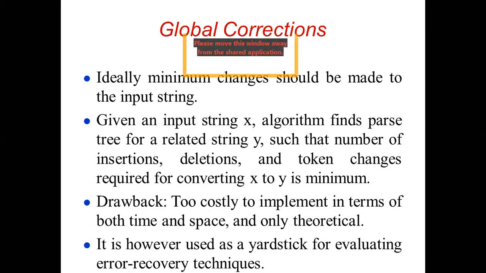So global correction, what is that? Ideally, minimum changes should be made to the input string. First we have to take care whenever we write our program, because the program ultimately will be broken into several strings. Given an input string X, the algorithm finds a parse tree for a related string Y such that the number of insertions, deletions and token changes required for converting X to Y is minimum.